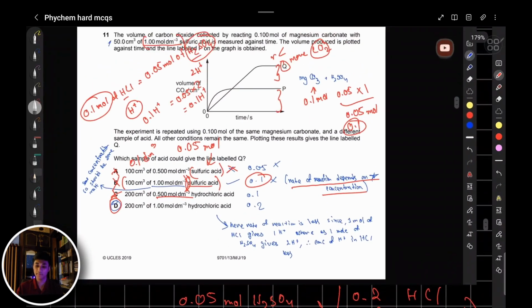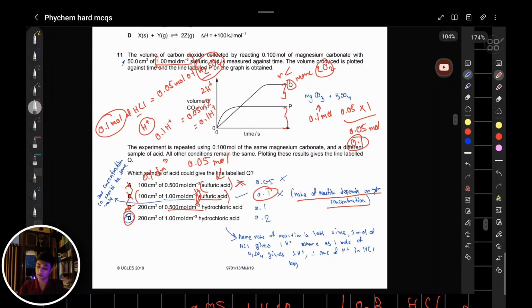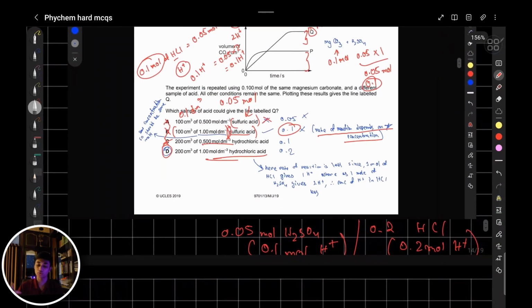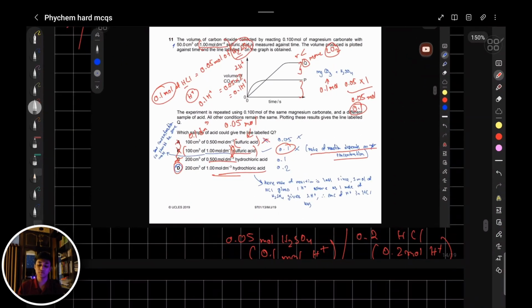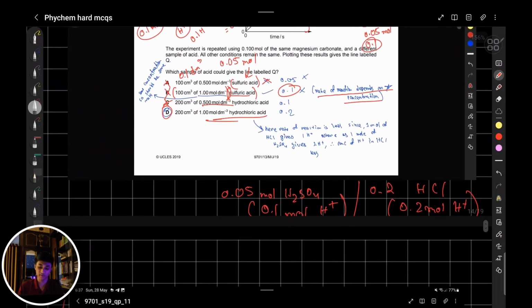Okay. So since the amount of CO2 will double, this could be an option. The other thing to notice is the concentration. Is the concentration different?